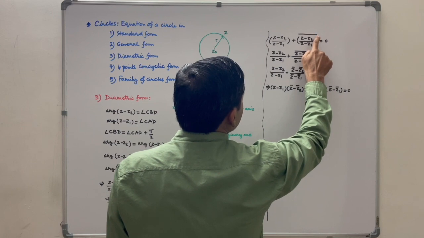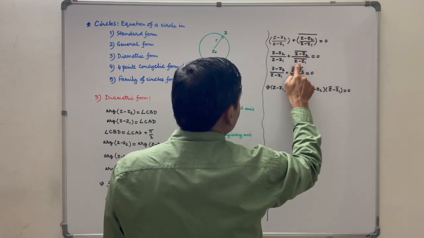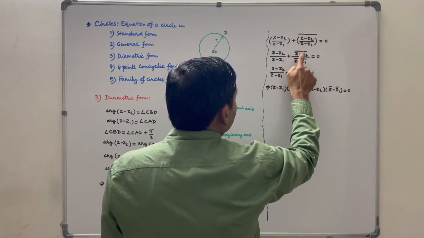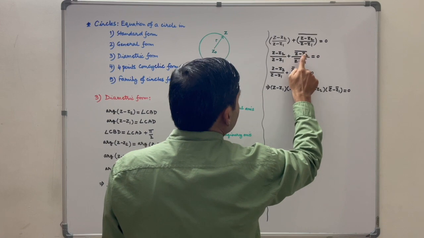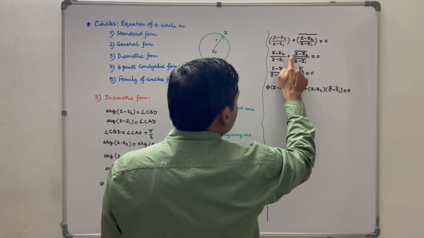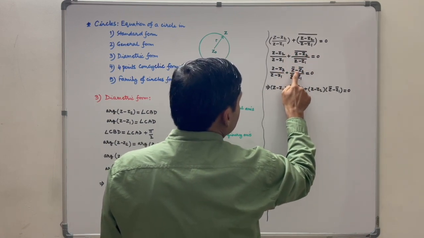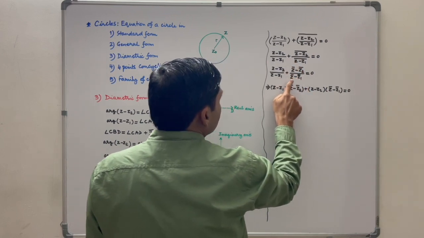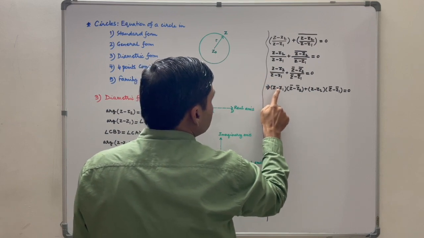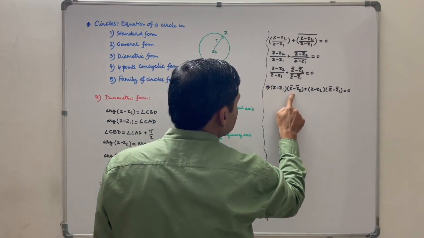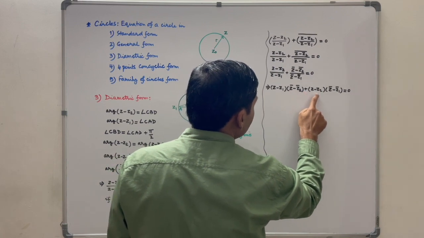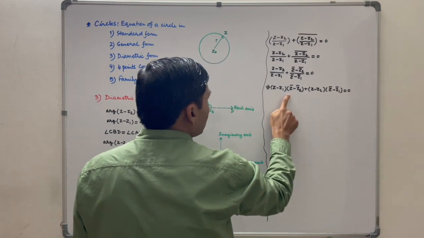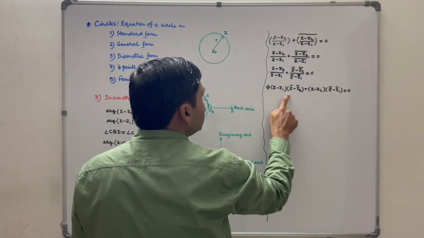It can be simplified as Z1 bar upon Z2 bar using the conjugate property. Now (Z1 minus Z2) whole bar can be written as Z1 bar minus Z2 bar. So it can be written as Z bar minus Z2 bar, and the denominator as Z bar minus Z1 bar. After simplification, we get (Z minus Z1) into (Z bar minus Z2 bar) plus (Z minus Z2) into (Z bar minus Z1 bar) is equal to 0. This is called the diametric form of the circle.